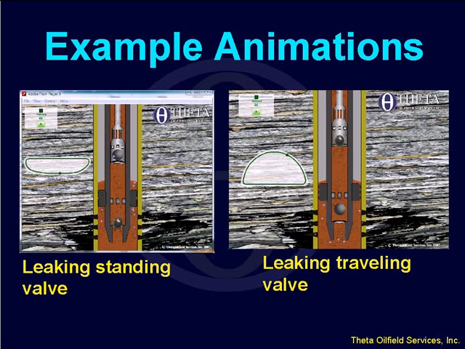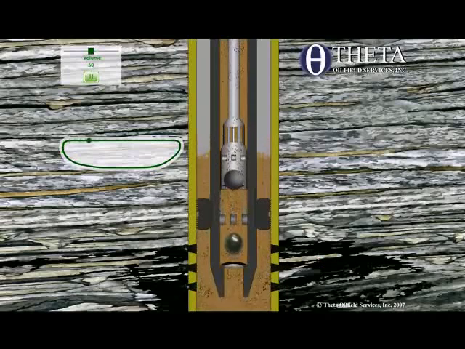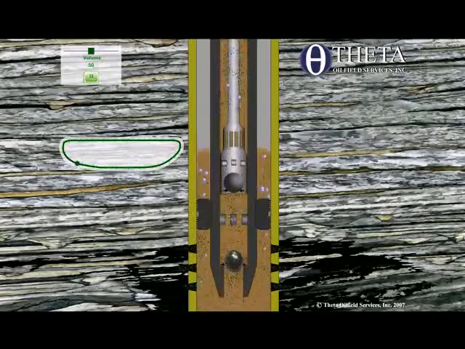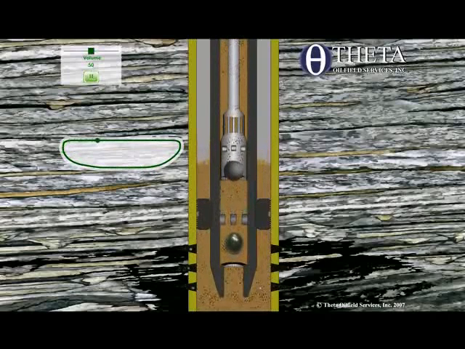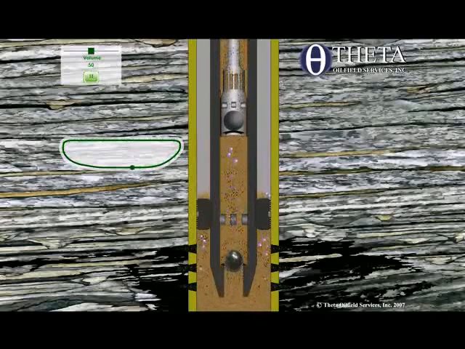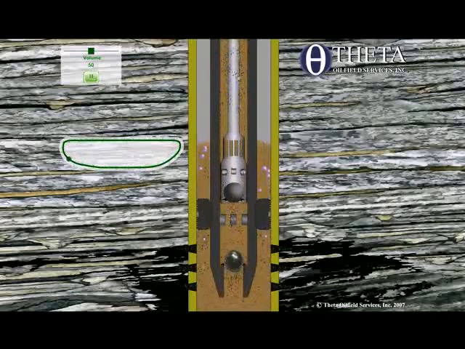Here is the leaking standing valve. So again, what happens here on the downstroke is that you're losing fluid through the standing valve. And again, here I can zoom in and look at that. You see the fluid leaking out of the standing valve.